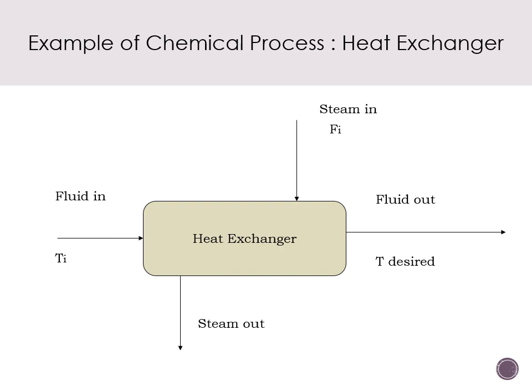To review the concept of feedback control, let us again look at the heat exchanger example. Our objective is to maintain the temperature output, so this is our control variable, at the desired value of the set point, in the presence of variation of process flow, where there is a disturbance, and the disturbance is the inlet temperature.